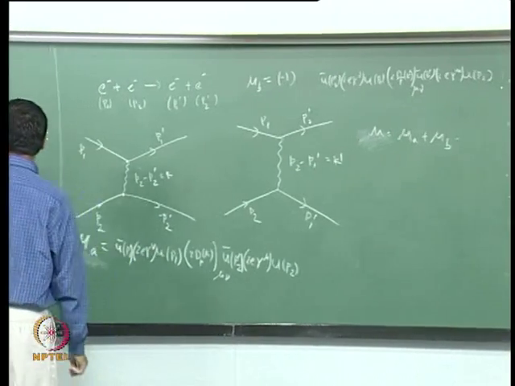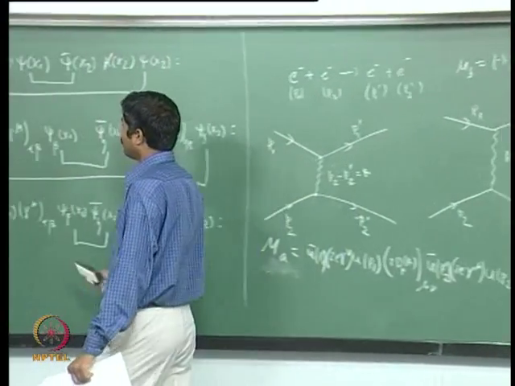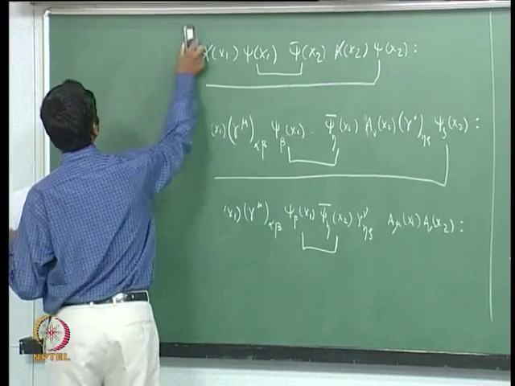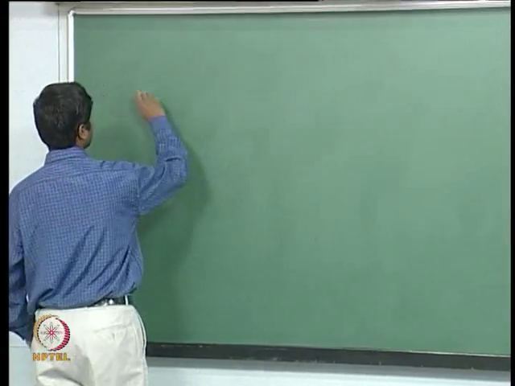So, what about something with a closed loop? Let us consider the electron self energy diagram.